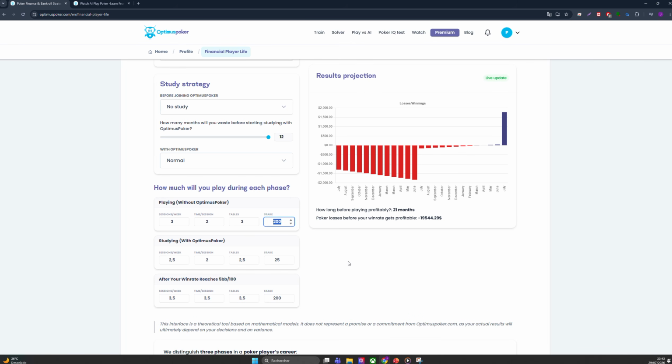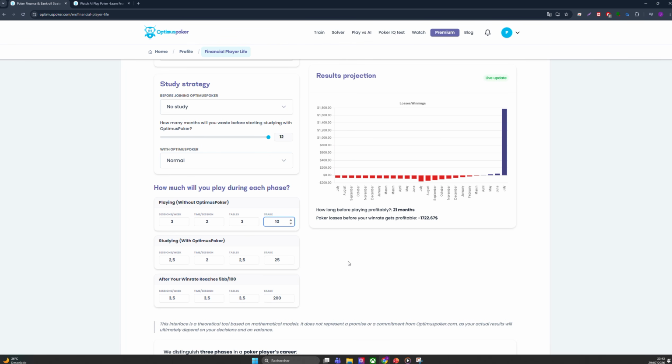I think that, of course, at the beginning, in order to minimize your losses, playing NL10 makes sense. Guys, don't spend time playing cash game under NL10, like NL2, NL5. This makes no sense.